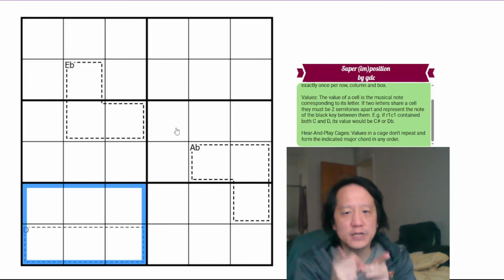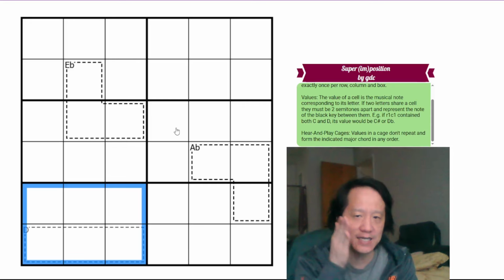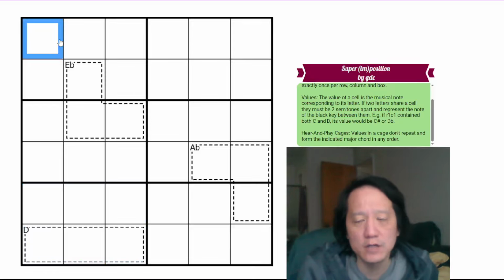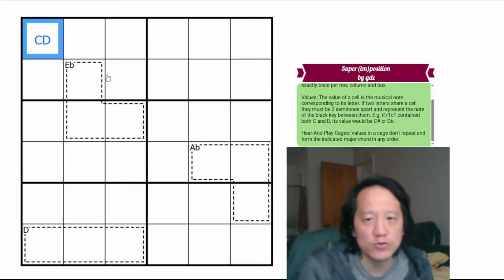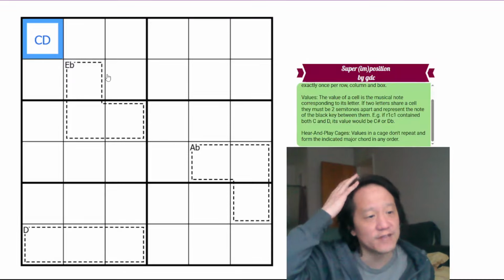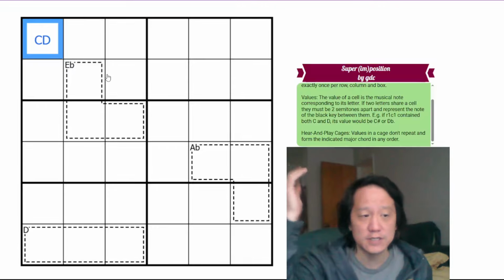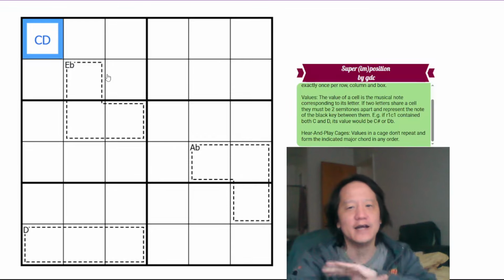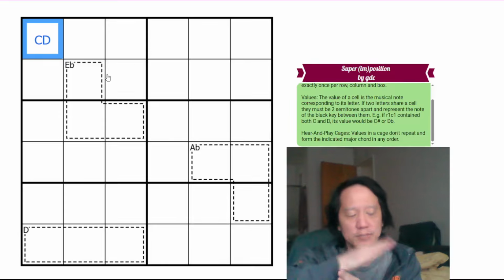They have to be two semitones apart and represent the note of the black key between them. For example, if row 1, column 1 contained both C and D, its value would be C sharp or D flat, which is the black key in between the white keys. A through G represent the white keys on a piano.